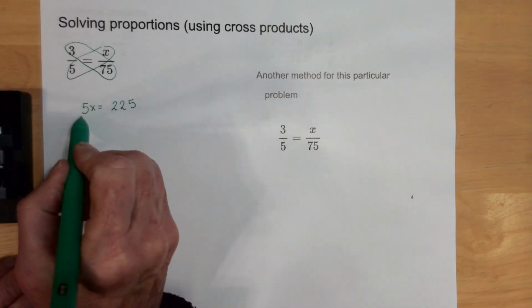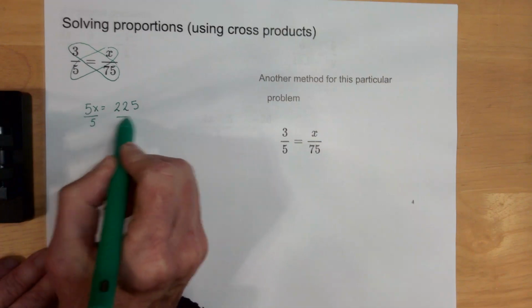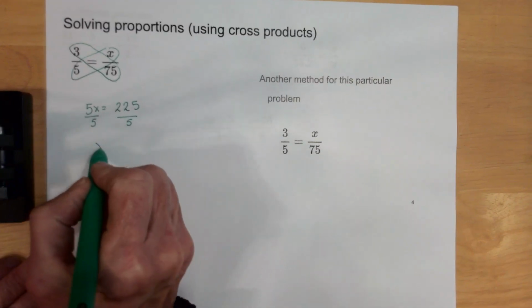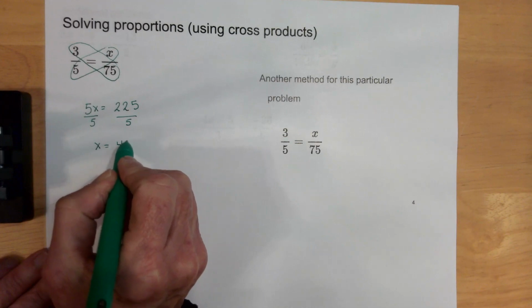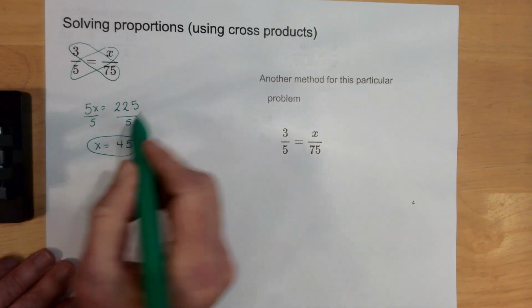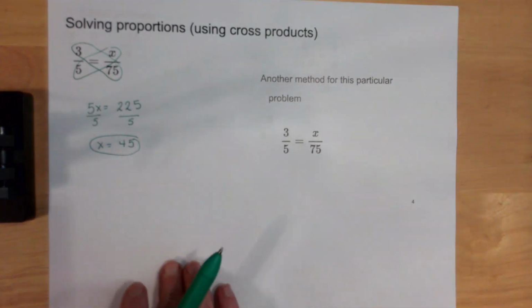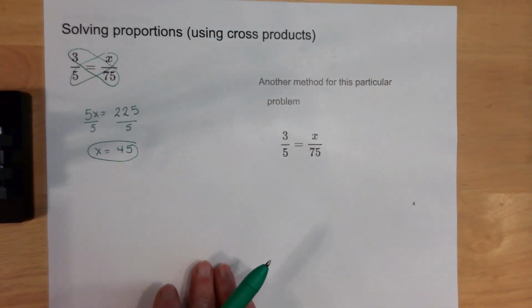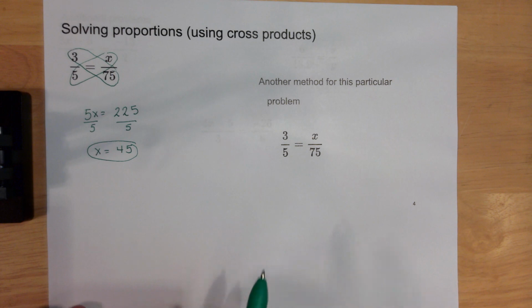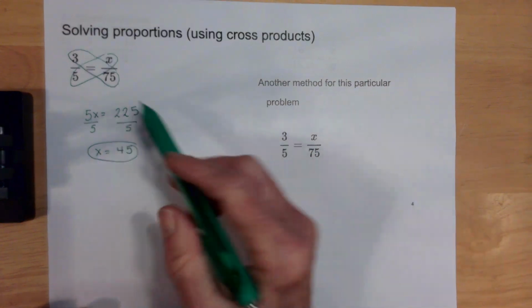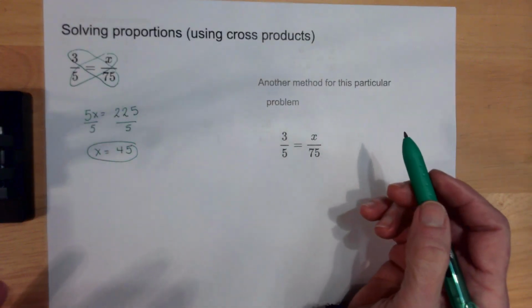To solve this, I'd divide both sides by 5, so I get x is equal to 45. That would be what the value of x would have to be for those 2 fractions to be equal.